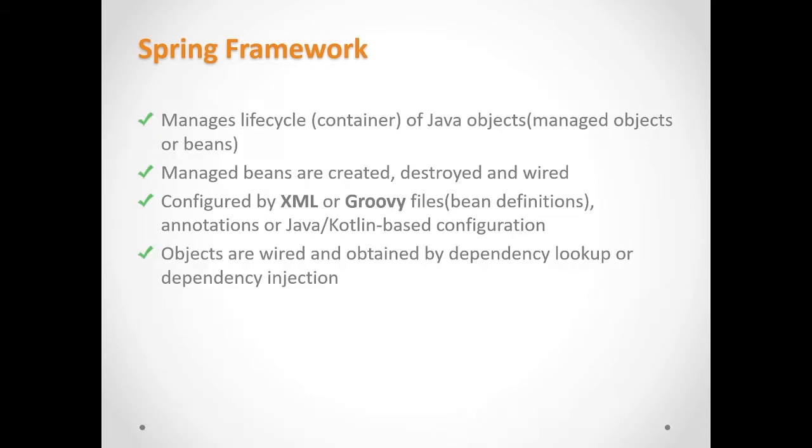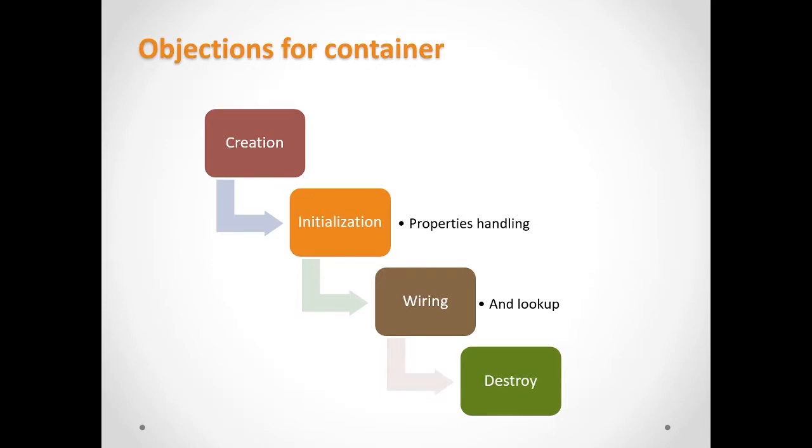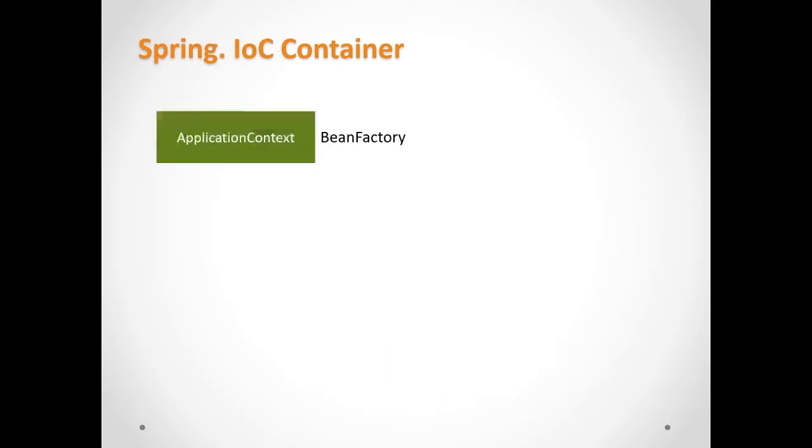And we use different configuration types to describe these Spring Beans: either XML, Groovy files, annotations, or Java or Kotlin-based configurations. So our beans have the following life cycle: creation, initialization, wiring, auto-wiring, and destruction.